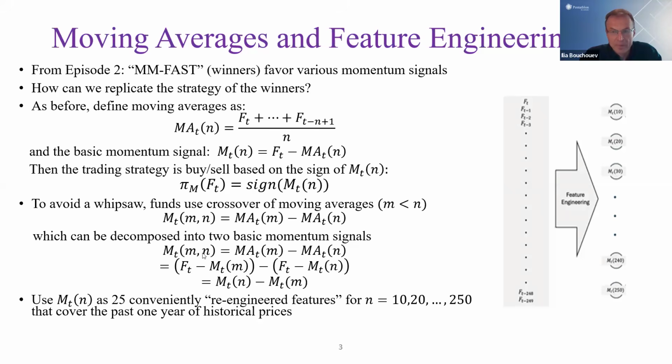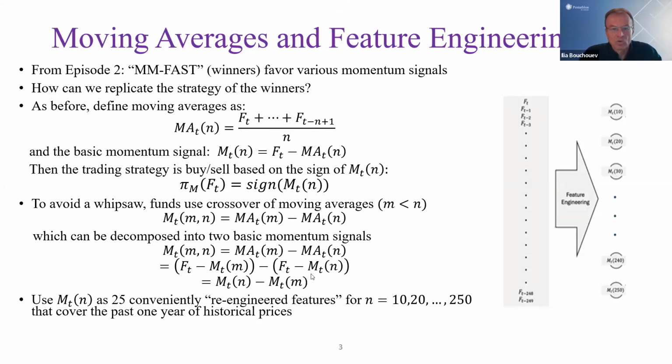So in my example, 5-20 momentum, note that the N and M flip here. The M-N moving average crossover is equal to N, the longer dated simple momentum, minus the shorter dated. For example, the 5-20 moving average would be equal to 20-day simple momentum minus 5-day, because you're smoothing it over 5 days.